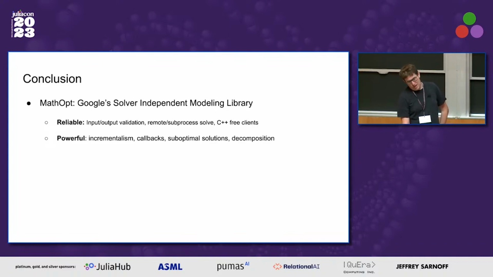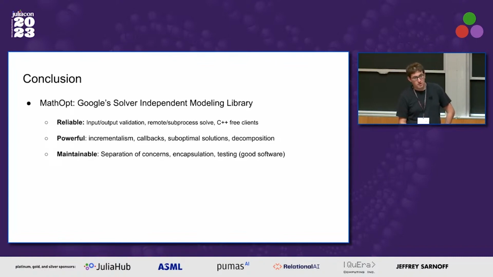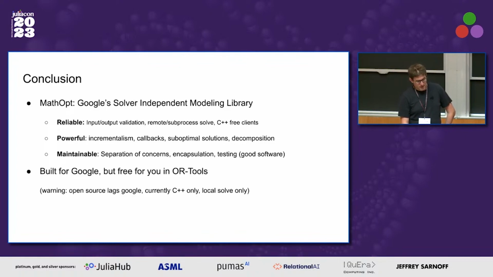Powerful: we try to support a wide range of features that make it possible to solve really big problems. And maintainable: separation of concerns. This is all basic software engineering, encapsulation, testing. That's the goal. And it's built for Google, but free for you if you use OR-Tools. And as I said, the open source stuff is lagging, so hopefully it will catch up over the next few months. Okay, thanks.